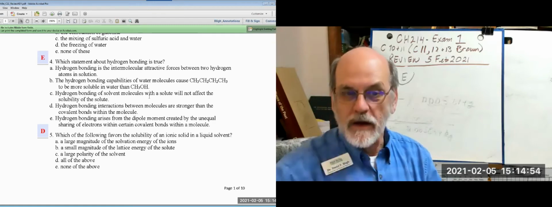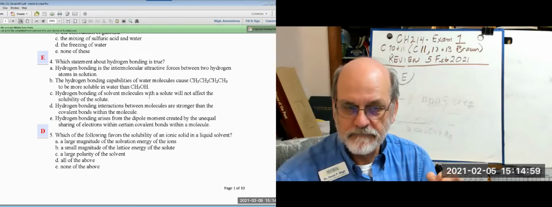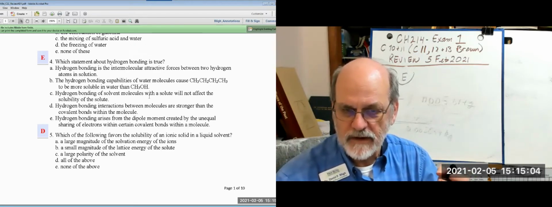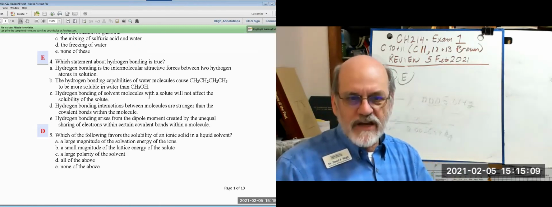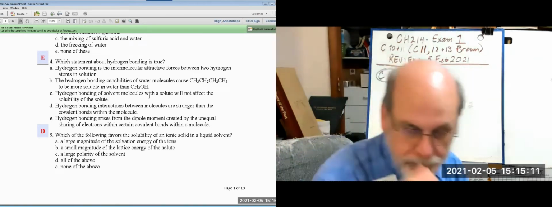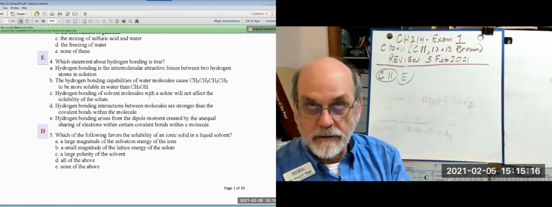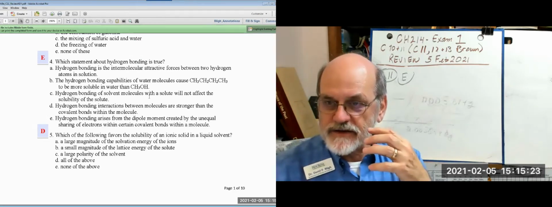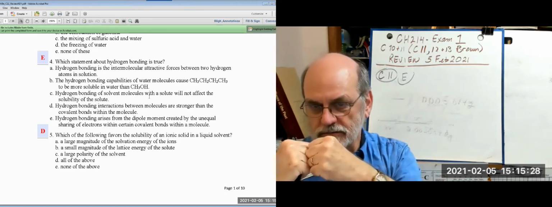5. Which of the following favors the solubility of an ionic solid in a liquid solvent? How about A, a large magnitude of the solvation energy of the ions? What do we mean by solvation energy? The solvation energy refers to the amount of energy that is given up when the solvent and the solute attract.